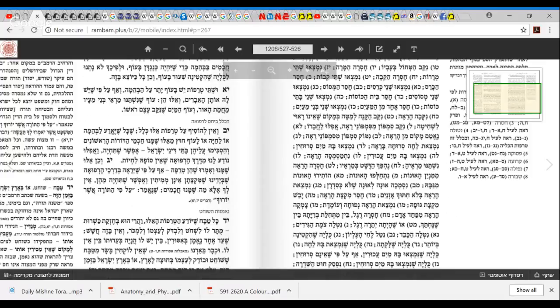So if either side of the lungs was missing one of its lobes, with the exception of the accessory lobe, then this is a tarifa.